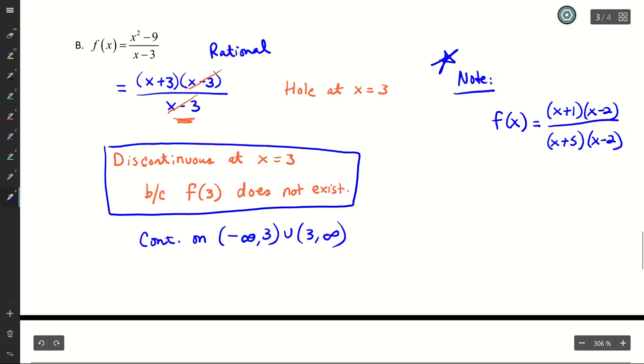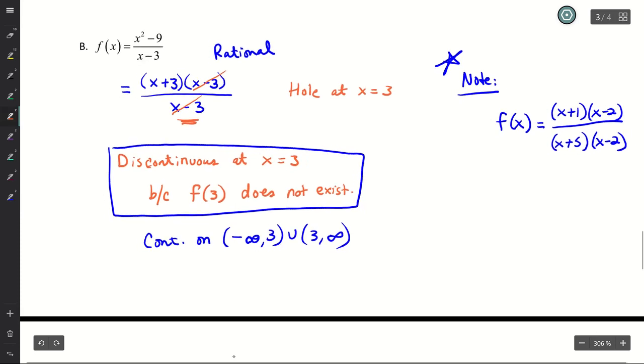Okay, so this one is a little bit different from the last. We have a hole where factors here would cancel. What's the 0 of that factor? The 0 of that factor is 2. So we would have a hole at x equals 2, which would mean it's not continuous there. So in other words, f of 2 does not exist.